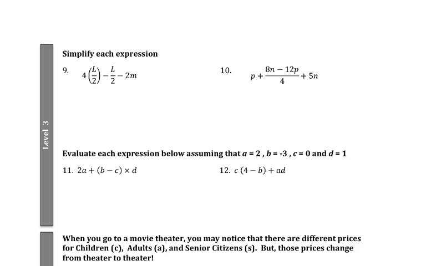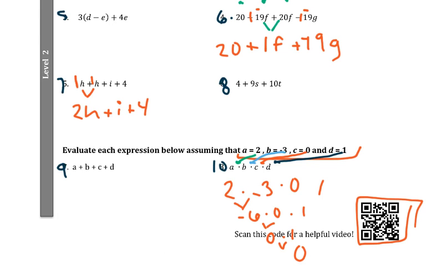Alright, let's go ahead and look at the back page. Here we're jumping into level 3 questions. Oh, and for some reason, this is not lining up either. Oh my gosh, you guys. What a mess. It must be the beginning of school. Okay, so that was question 10.